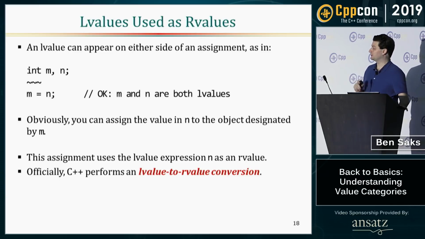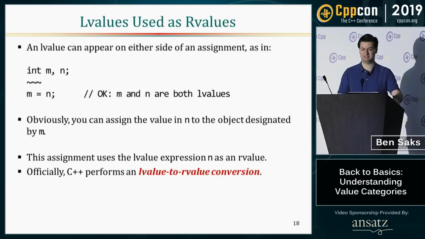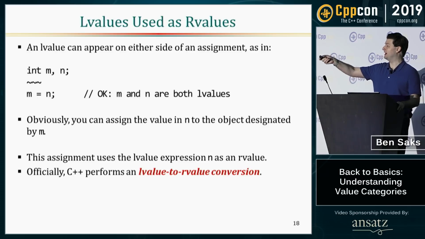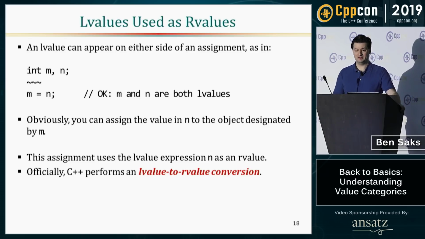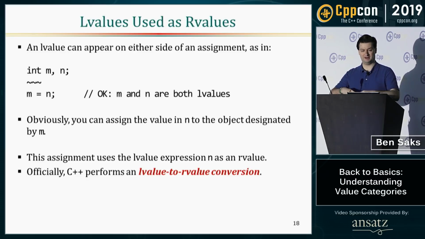And the language refers to this under a special term, lvalue to rvalue conversion, which is sort of the standard's way of saying that we're reading the value from n. When we care about something being an lvalue, we care about where that value lives. When we care about something being an rvalue, we care about what value it holds.